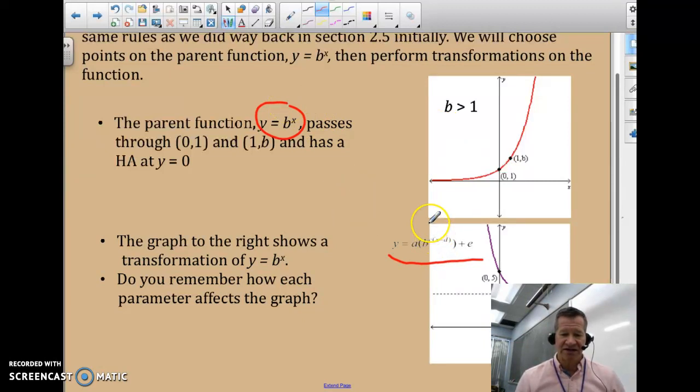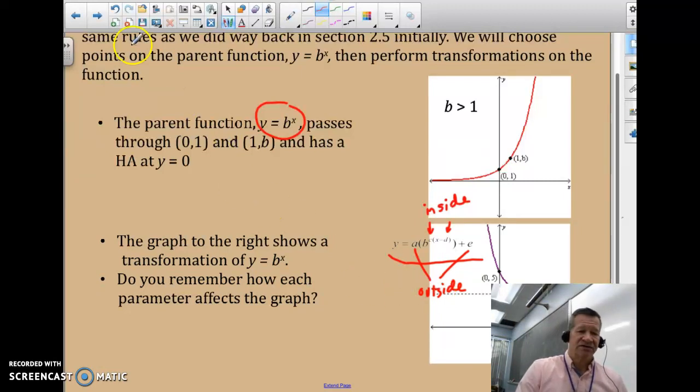This c and d here are going to affect the x value because they're inside the function. So remember, anything inside the function affects x, and it affects it, if you recall, inversely. And the a and the e, those are outside the function, and those will affect the y values of all the points.